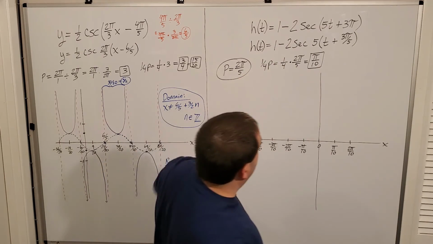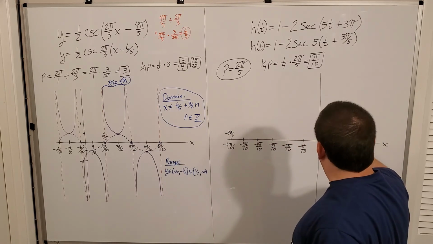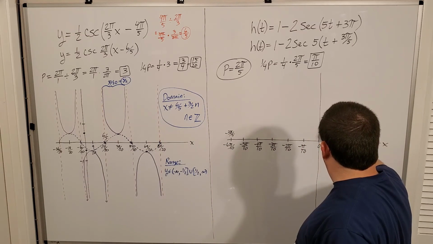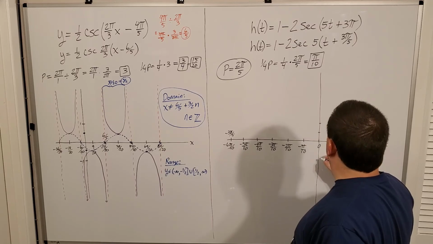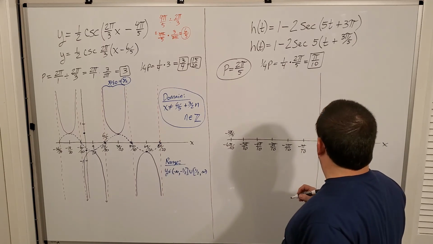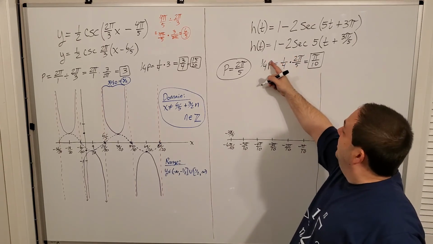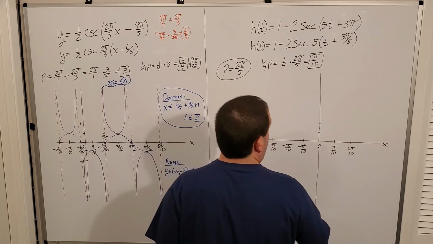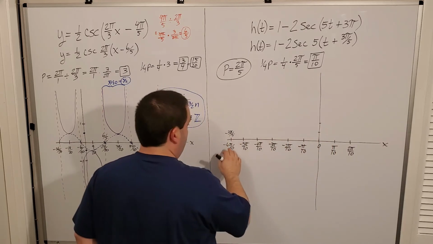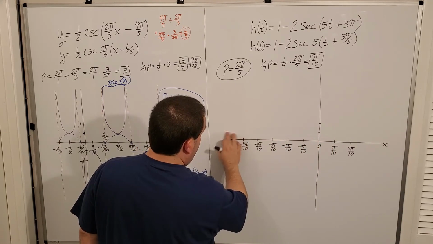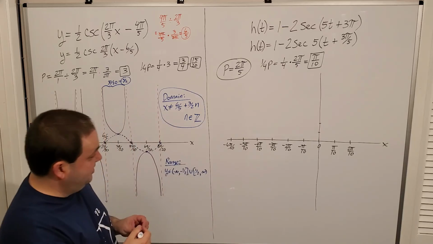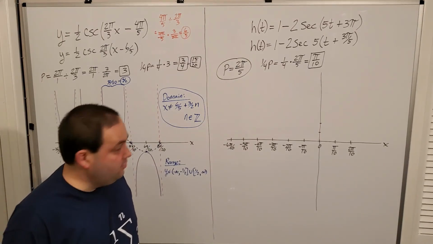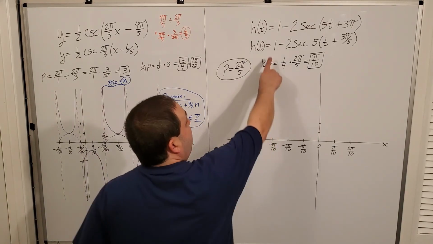Okay, my amplitude is 2. So let's go ahead and symbolize that. 1, 2. Oh, I made a boo-boo. Can't do the amplitude yet. We got to do the vertical shift of 1. All right. So actually, cool. I'm going to get this out of the way. I have a new center line, right? My new center line is positive 1.